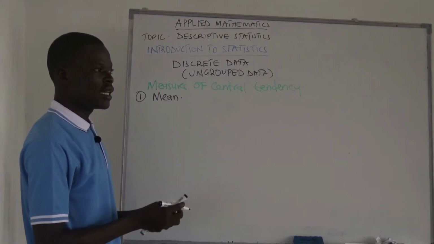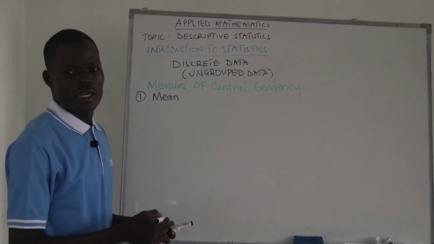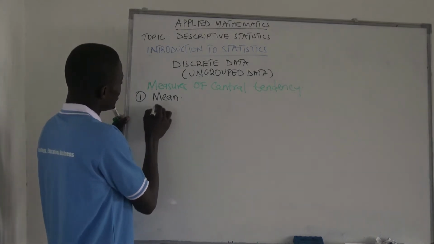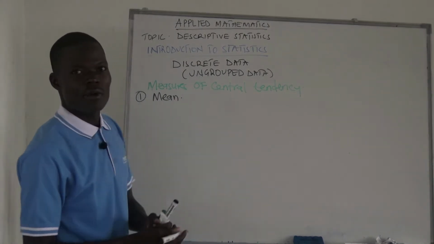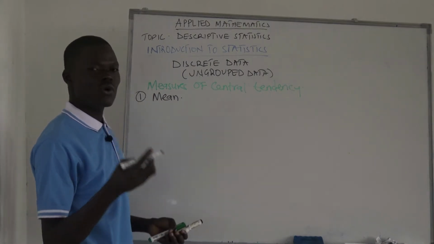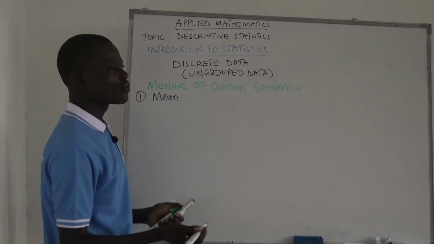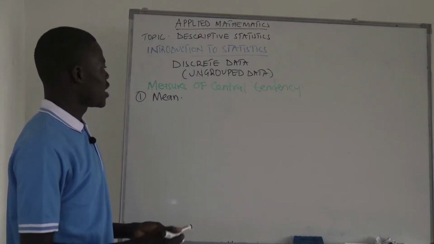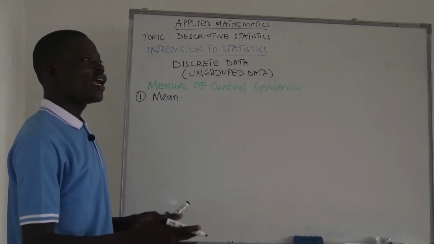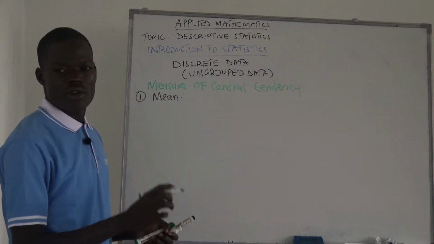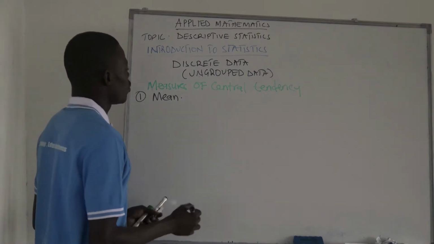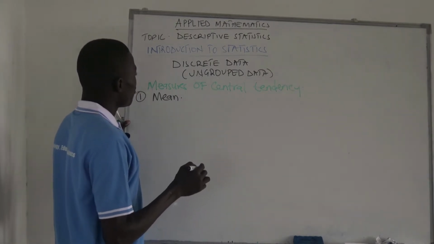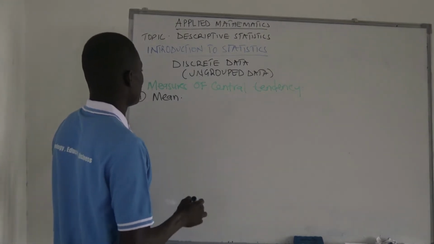If you have values 1, 2, 3, 4, the mean is the same as the average. Average means after adding all the numbers, you divide by the number of items which are there.